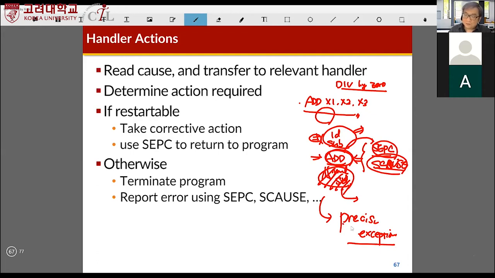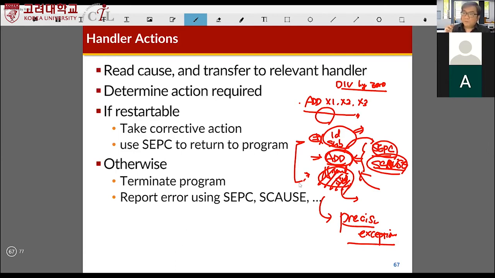Precise exception means that the processor can notify the exact location of the instruction that caused the exception, and also the processor can perform the precise handling operations for the exception. That is what I explained here. So this is called the precise exception.